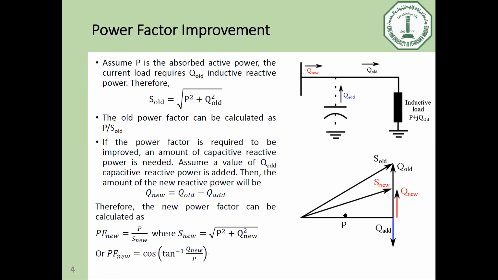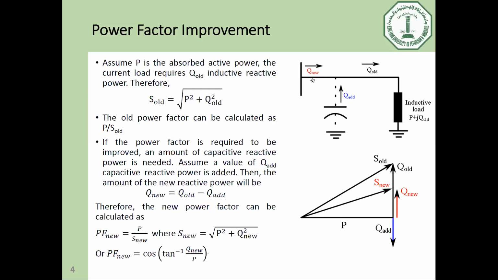A question for you. If we have a value of Q, which is Q old, say for instance, 100 kilovar, 100 kVA reactive. What is the optimal value we need to add in order to reduce the current of the supply? The same but negative, which means minus 100 kilovar exactly.